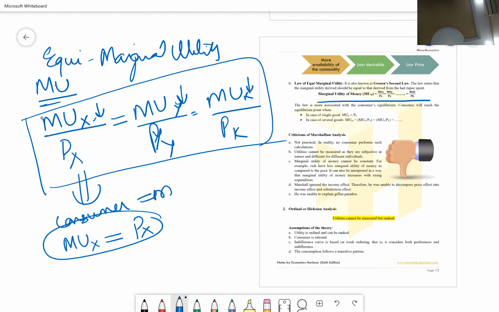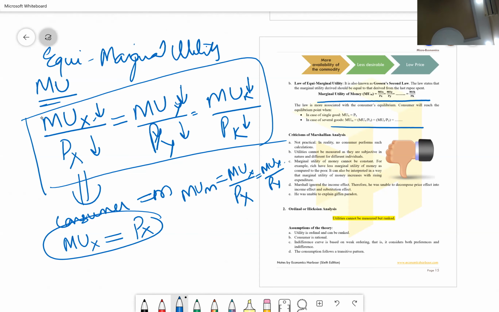The price should also decrease relatively. Second, if we have several goods, then the marginal utility of money will be equal to MUX upon PX is equal to MUY upon PY, and so on.